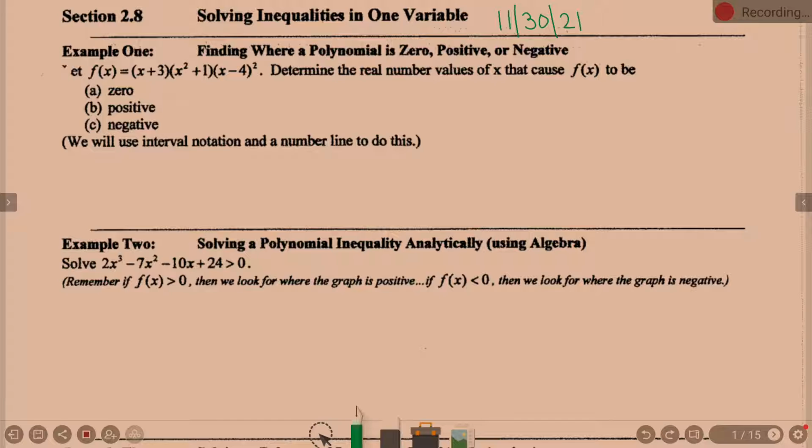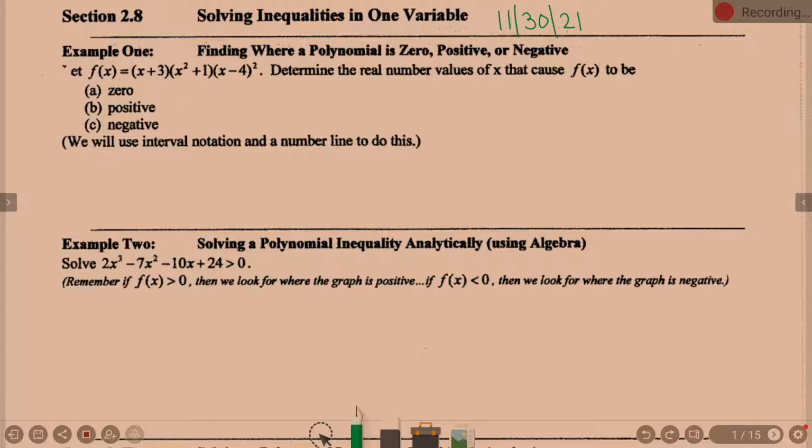So, okay, example 1. We're going to talk about figuring out, and it leads into our inequalities, where a polynomial is 0, positive, or negative. We're given a polynomial, f of x equals (x plus 3)(x squared plus 1)(x minus 4) squared.